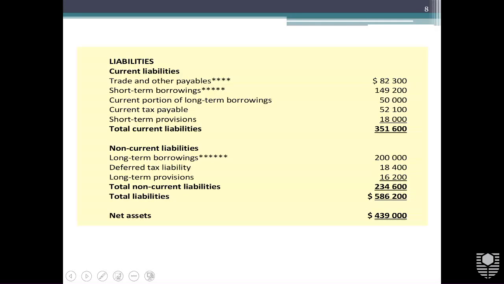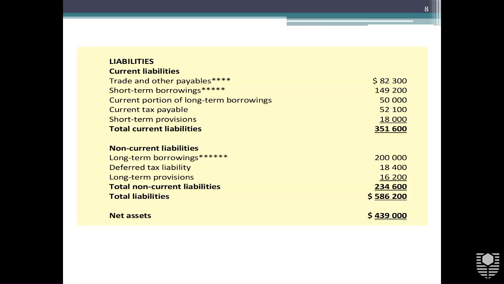So you'll notice we've got $50,000 in our long-term borrowings under current, and $200,000 under non-current. Current tax payable, the word current tax usually means you're going to have to pay it within 12 months. There's $52,100 there, so that's a straight tick off.